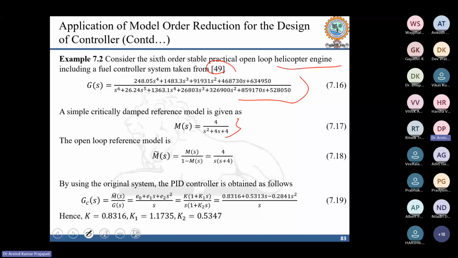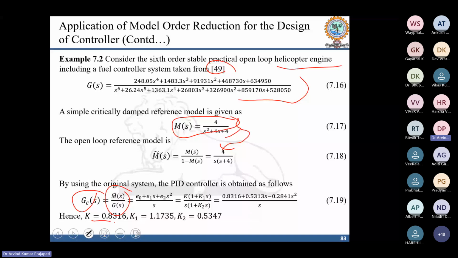Once the reference model is known, you can convert it into the open loop reference model, and then determine the controller structure by using this equation. Once you compare these equations, you can get the values of k, k1, k2.